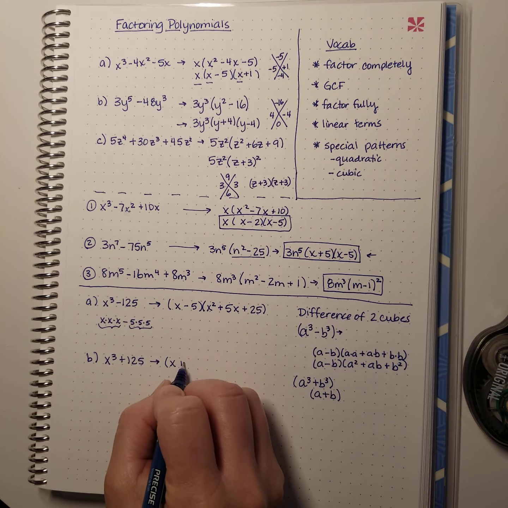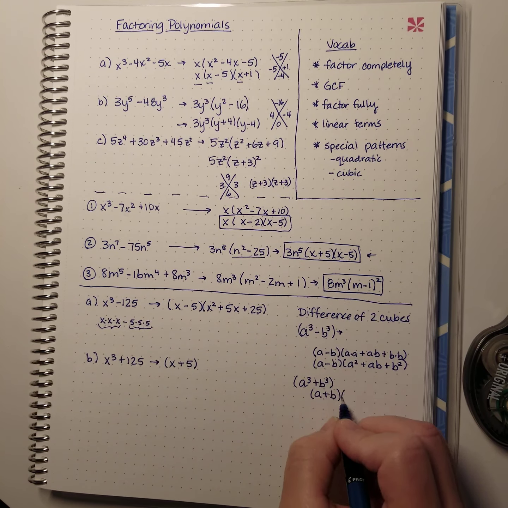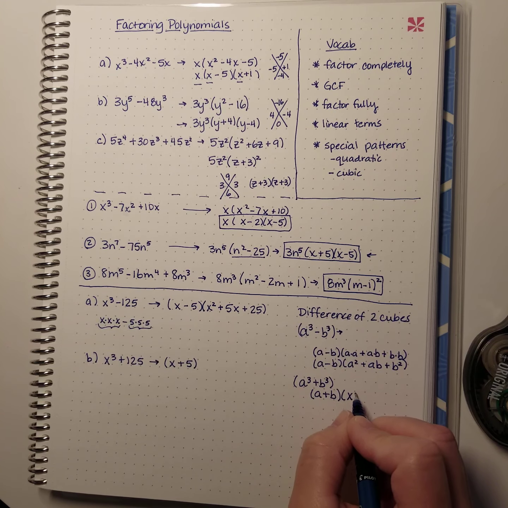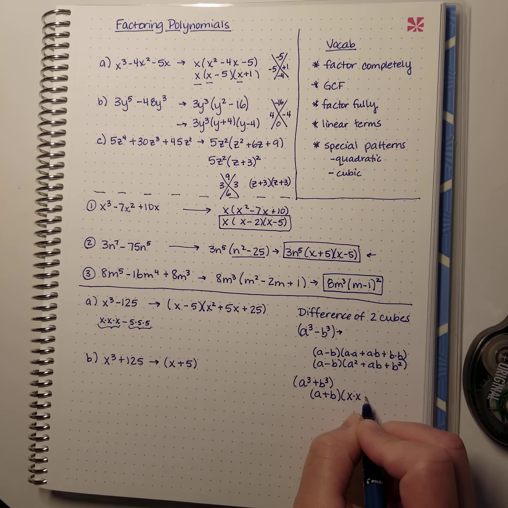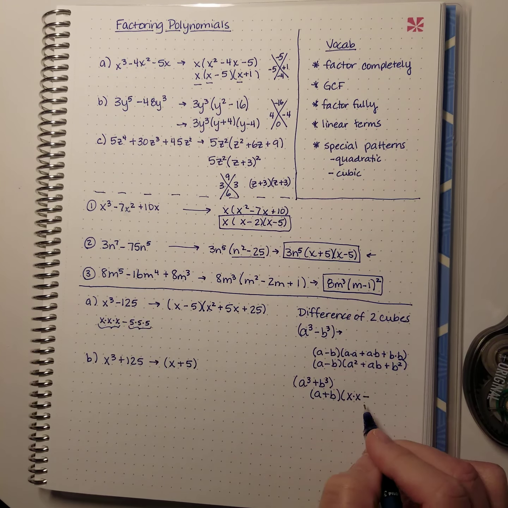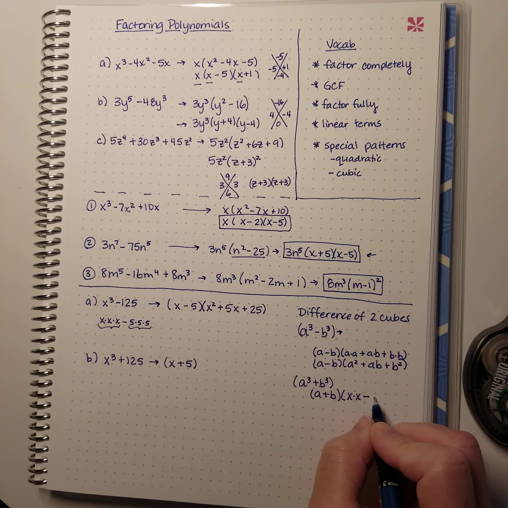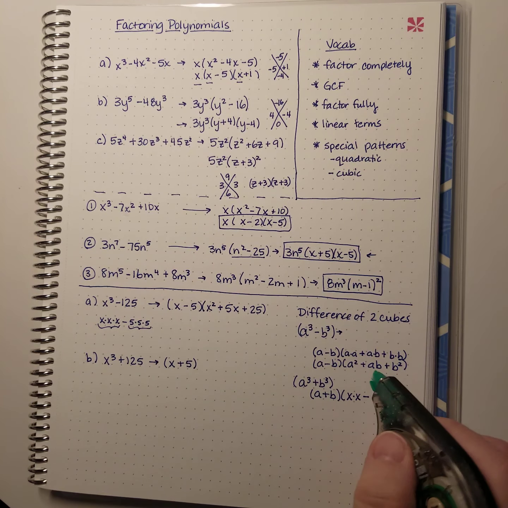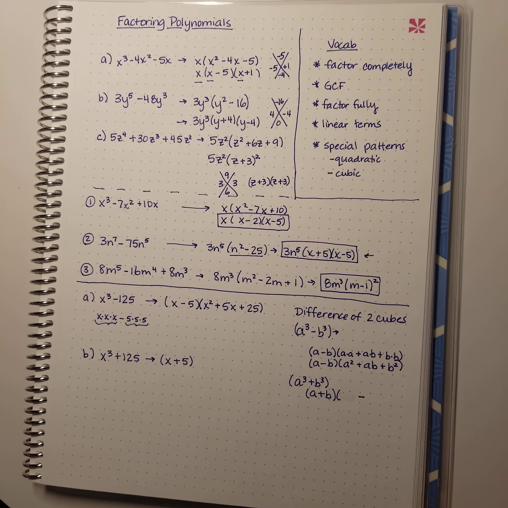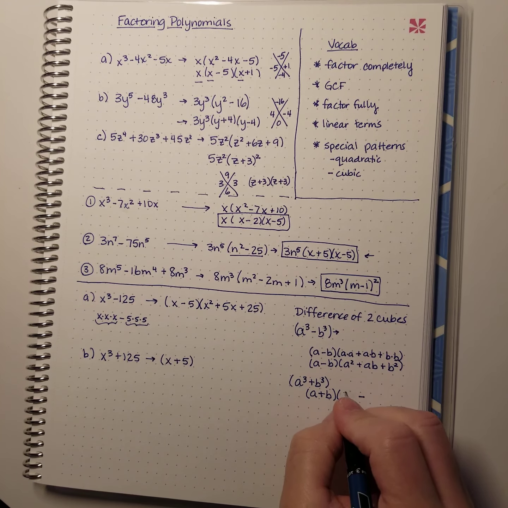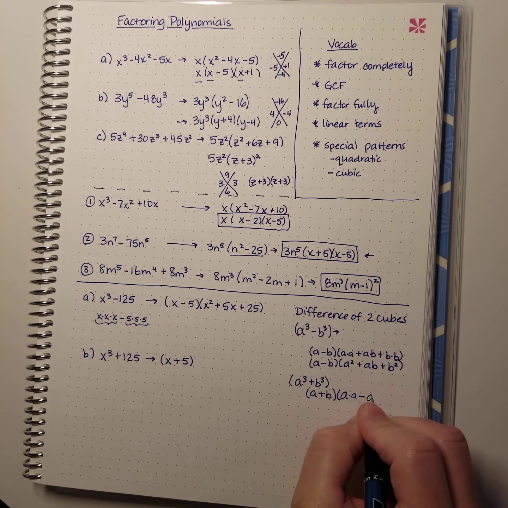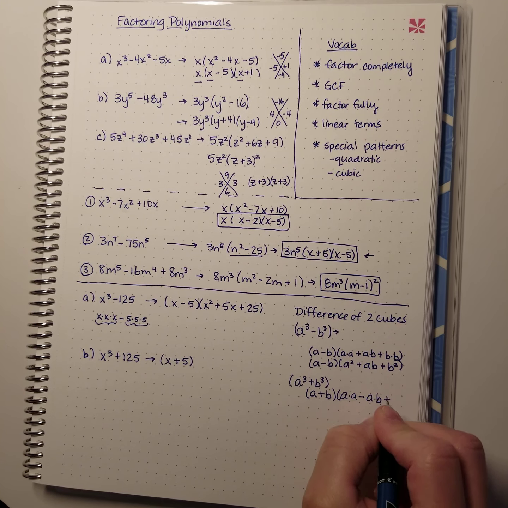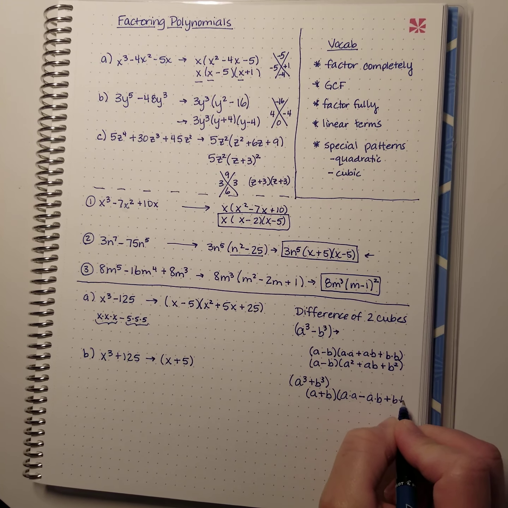So we have x plus 5. Again, times x squared, or x times x. But this time it's going to be minus. We're going to have a negative sign in there. Times, oh, sorry, these shouldn't be x's. These should be a's and b's. A times a minus a times b plus, it's always plus here, b times b.